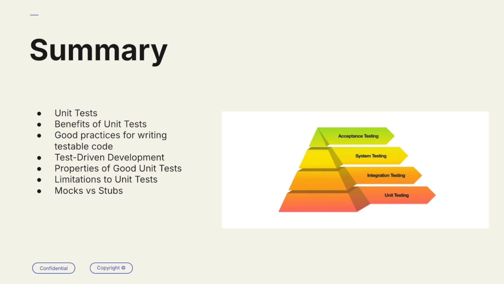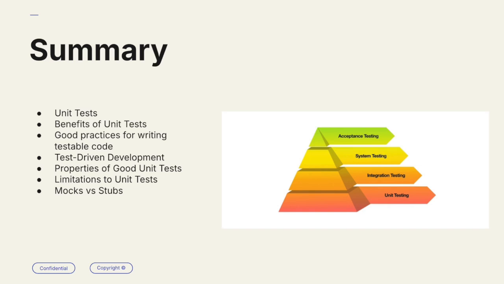We also introduced test-driven development, or TDD, an approach where you write your tests before the actual code. This not only helps clarify requirements, but also leads to better designed, more maintainable software. Finally, we touched on the limitations of unit tests.